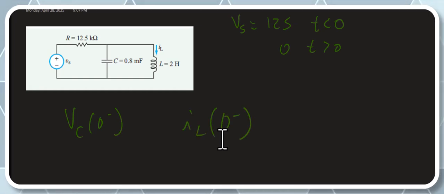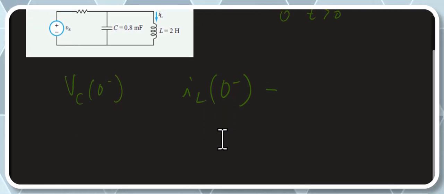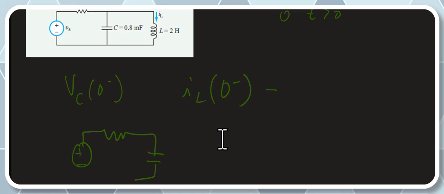Well, IL of 0 minus, let's remember what these look like under DC conditions. So if it had been this way for a long time, then the capacitor is going to be an open circuit, and our inductor is going to act as a short circuit.